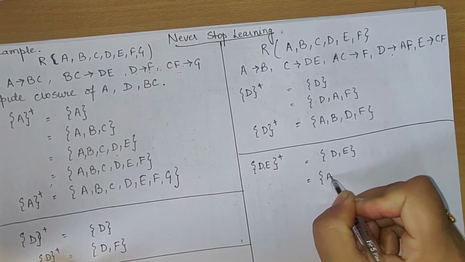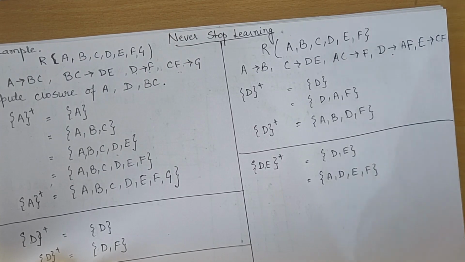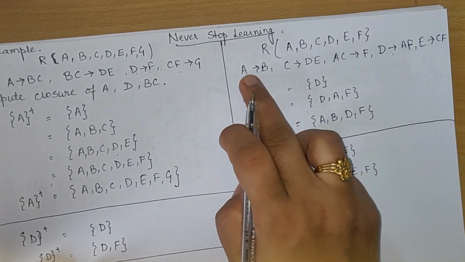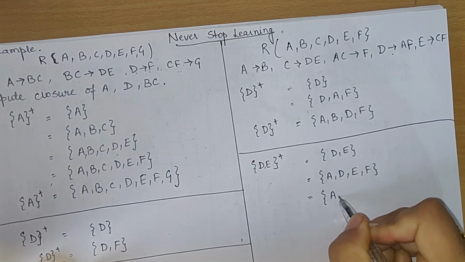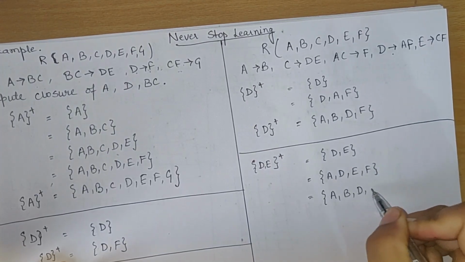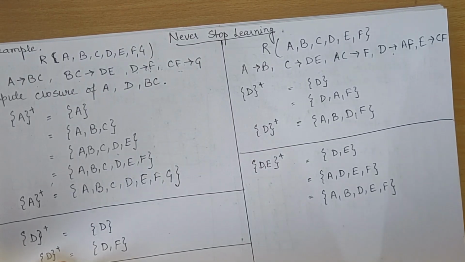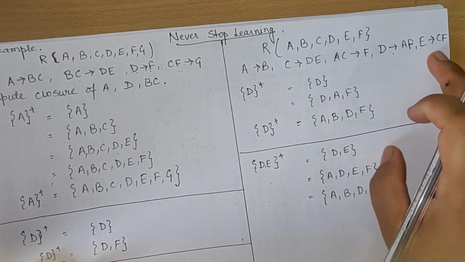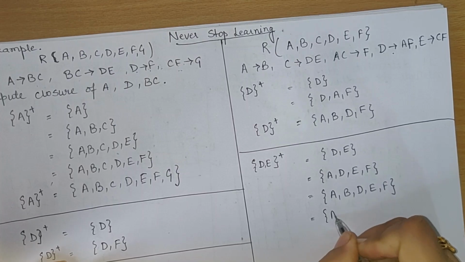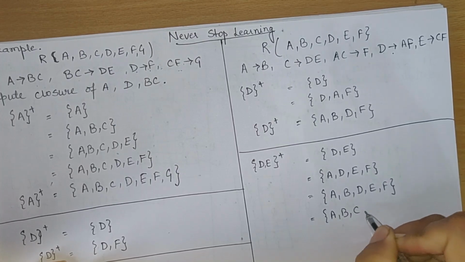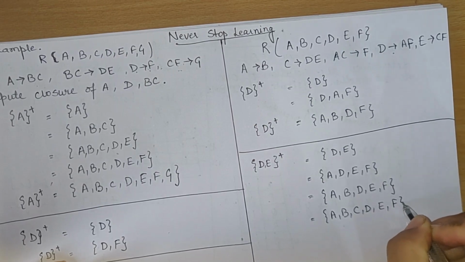So I am writing A, D, E, F. Now using A I can get B, so A, B, D, E, F. Next, using E I can get CF. So A, B, C, D, E and F.